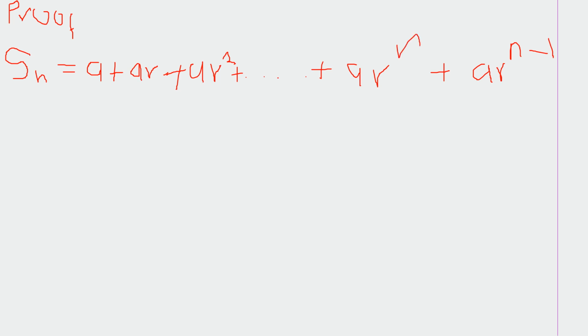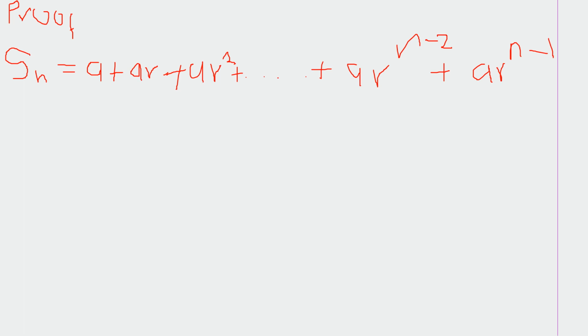Because remember, it will be r to the power of n minus 1 all divided by r. So it's going to be minus 2, because when you divide the same base, you subtract the exponent.